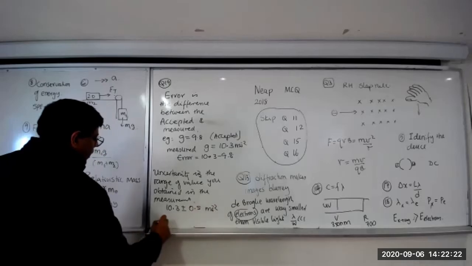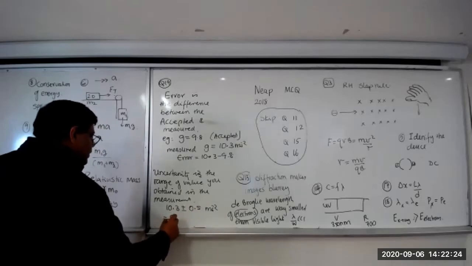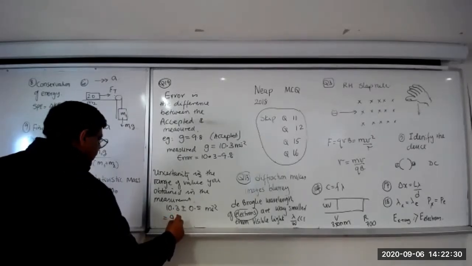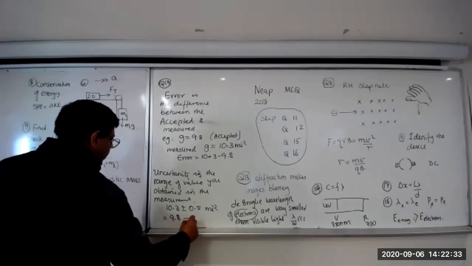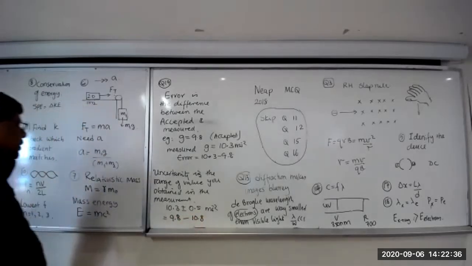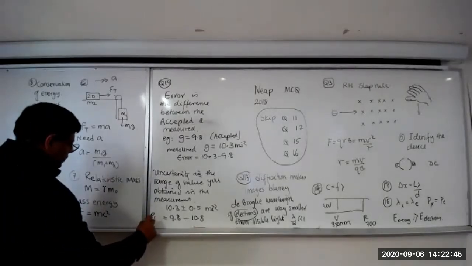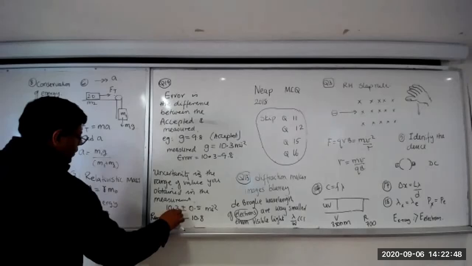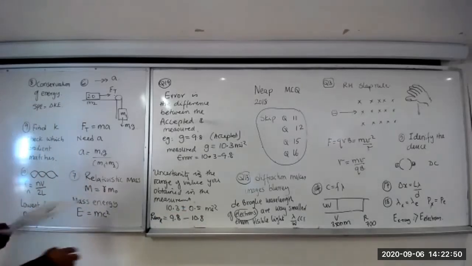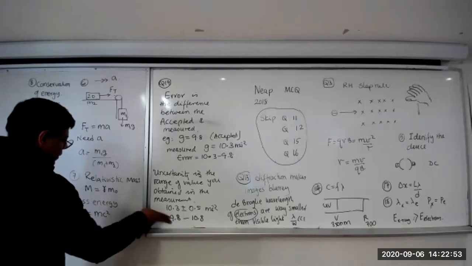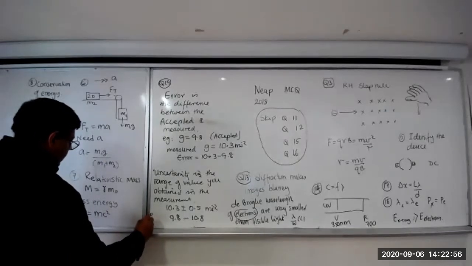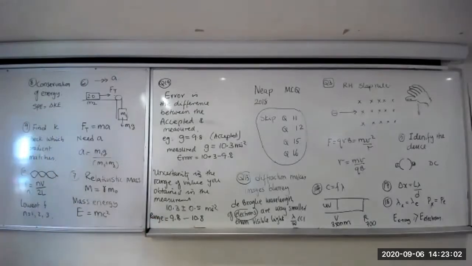Then your answer can vary between 9.8 and 10.8. I'm taking 0.5 out and adding 0.5. That's the range. Range of values that you can have.